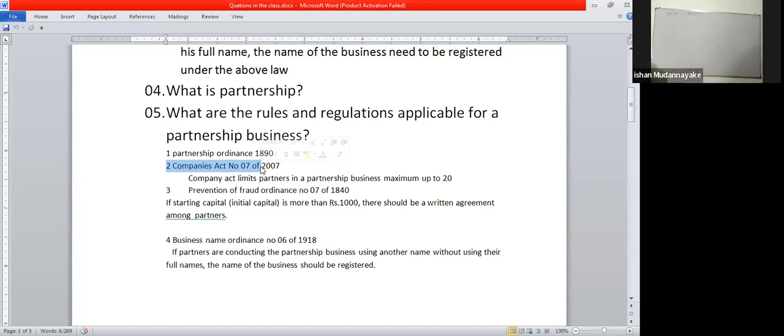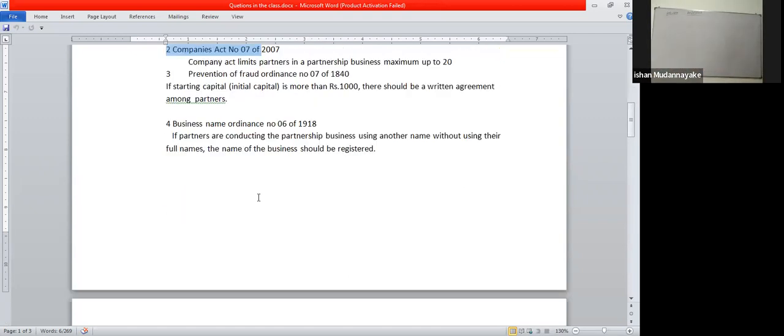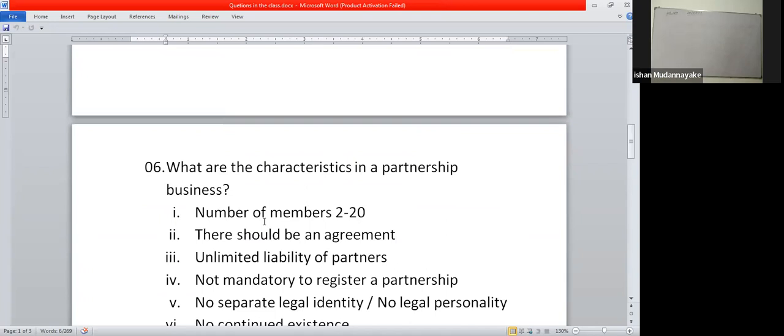Lastly, we discussed the advantages and disadvantages of a partnership business organization. What are the advantages? Go to page number 32 of your textbook.